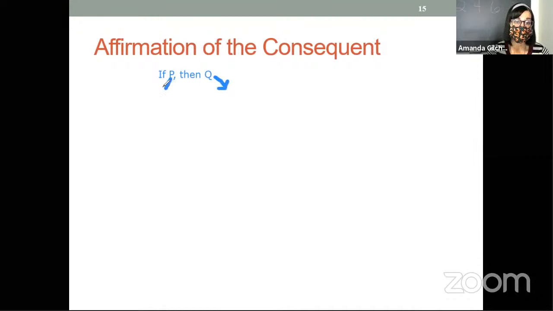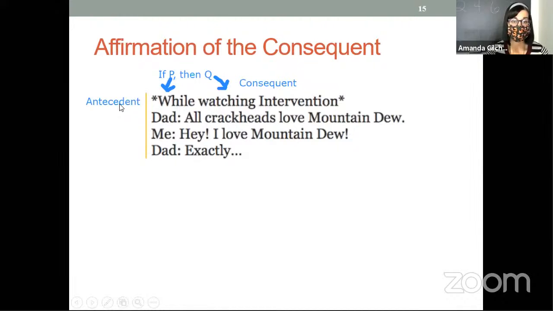So when we have if P, then Q, Q is what is called our consequent. The P is referred to as the antecedent. So this is going to come into play when we talk about these next two argument forms. So we have affirmation of the consequent, and we have the antecedent.